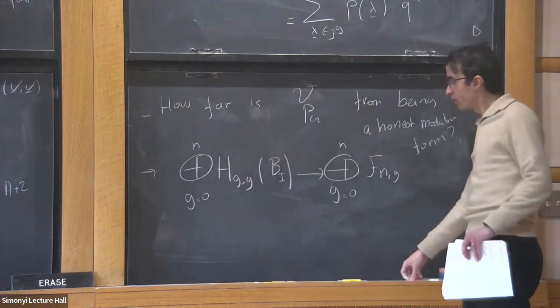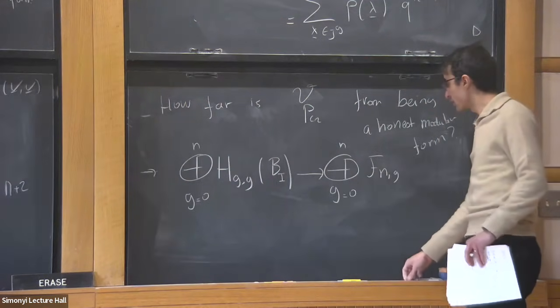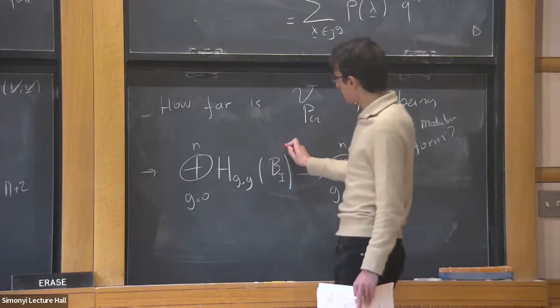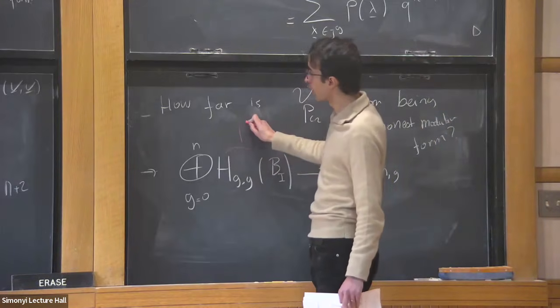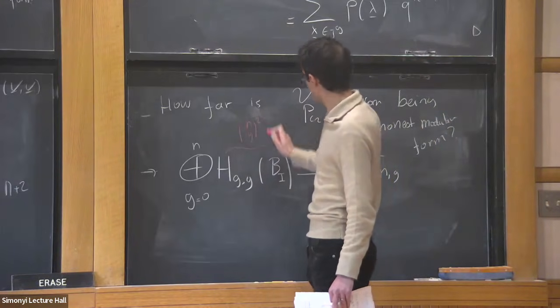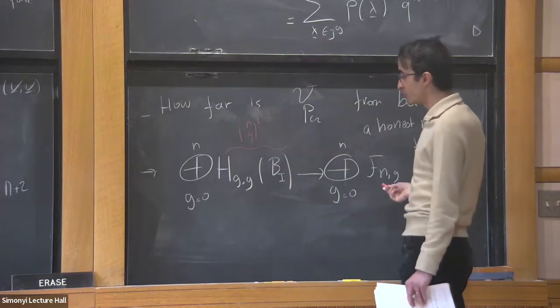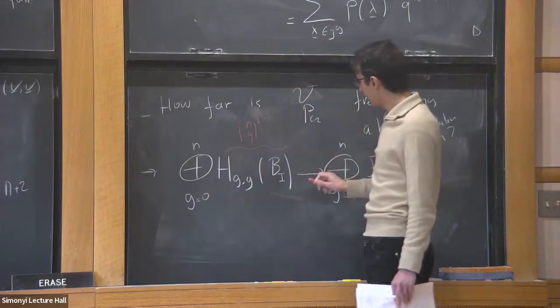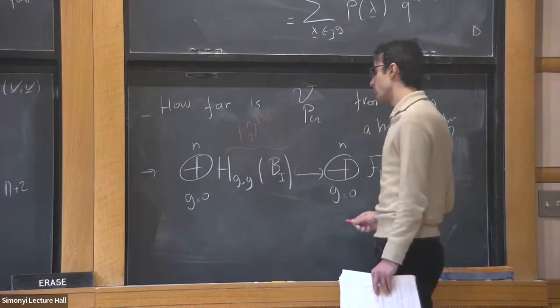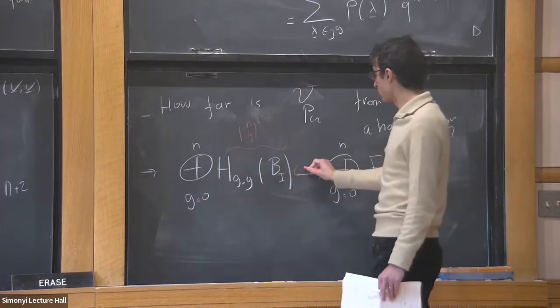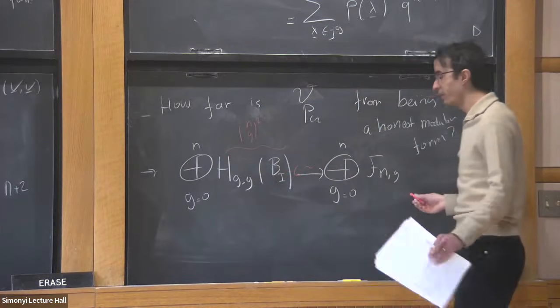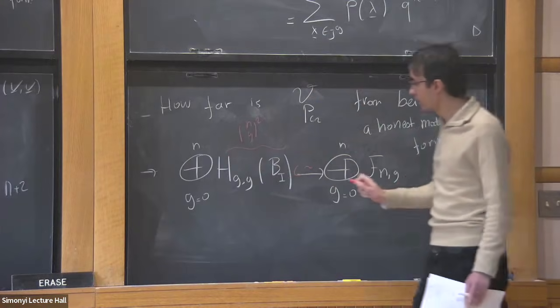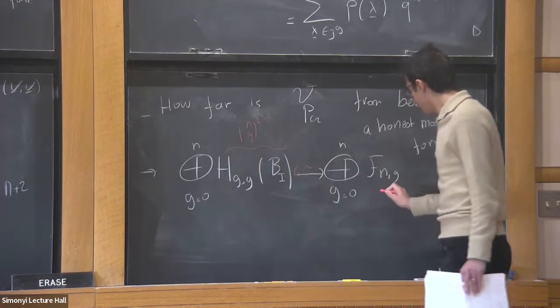And the nice fact that appears here is that this also has dimension ng squared, the same dimension as this. So these two spaces have the same dimensions, and this map is injective. So this is an isomorphism of vector spaces.